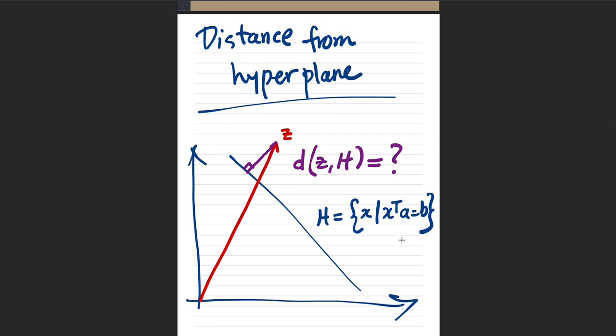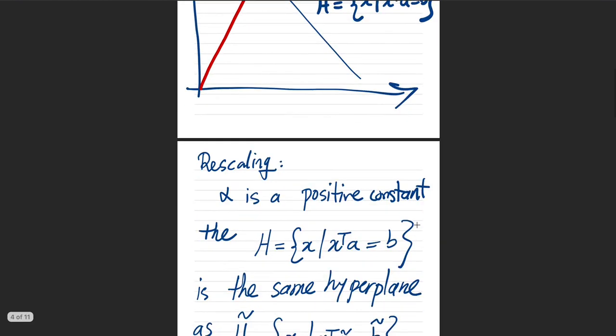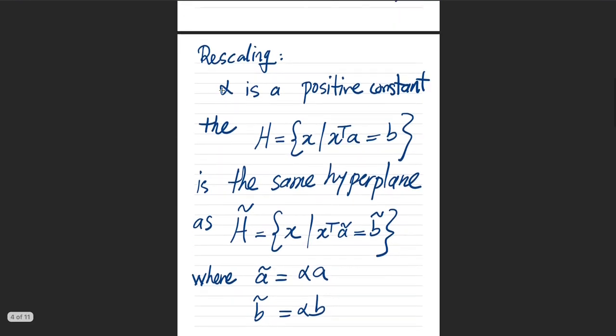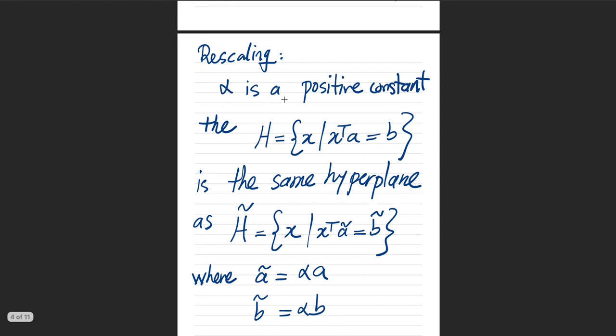Now, as a side note, we can get the same hyperplane with different A's and B's. How? By a simple rescaling. Let's imagine alpha is a positive constant. You can think of it as 2, 3, whatever.